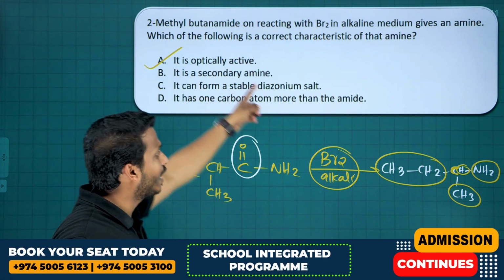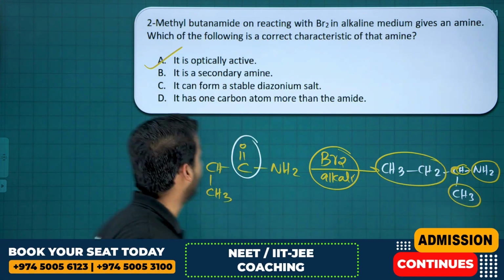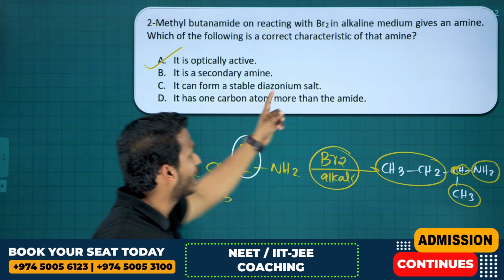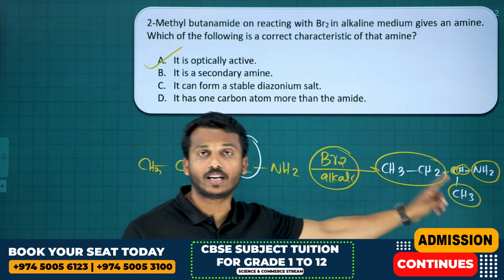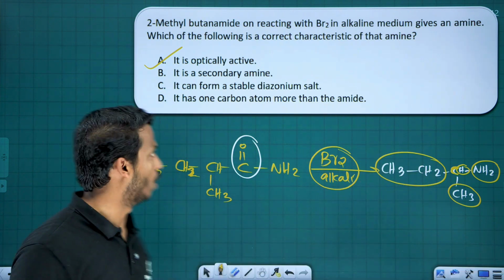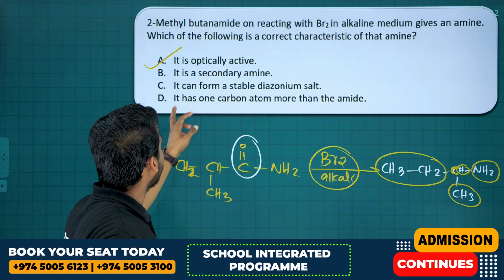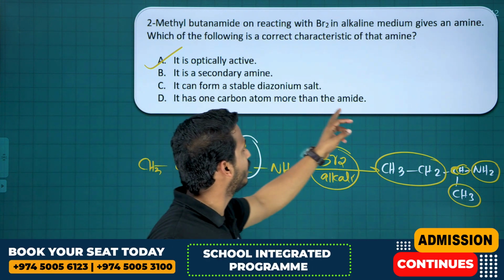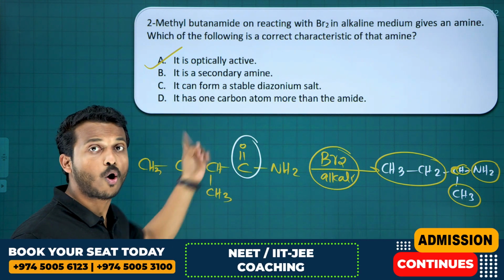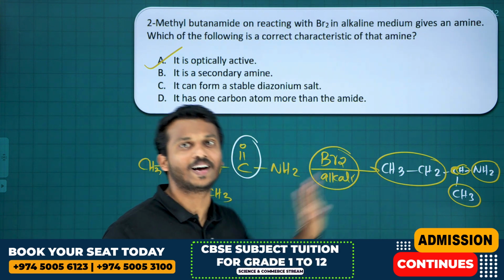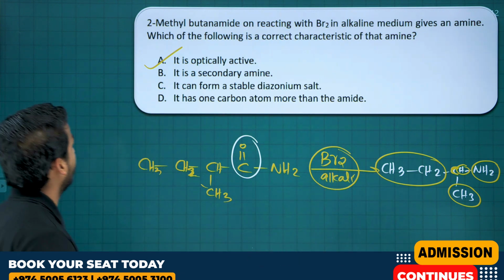It is a secondary amine? No, it is a primary amine. It can form a stable diazonium salt? Since it is aliphatic, it forms an unstable salt. It has one carbon atom more than the amide? No, during Hoffmann the product always has one carbon less. So the only answer is A.